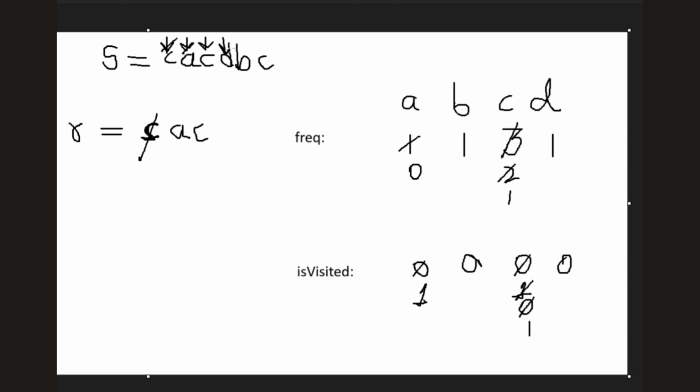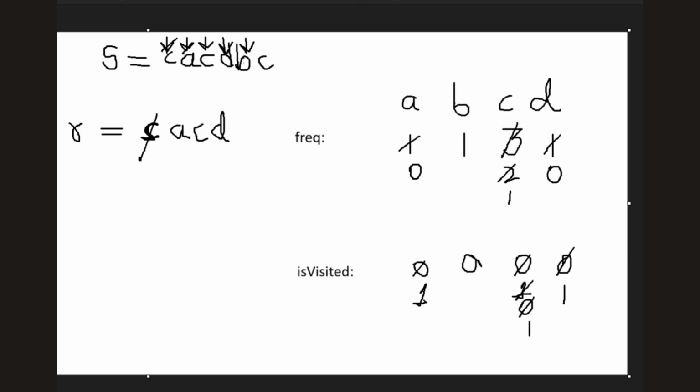Then we go to D. We check C and D. D is greater than C, so we just add D. For D, we decrement the frequency to 0, and since it is a visited element, we set it to 1. Then we go to B.